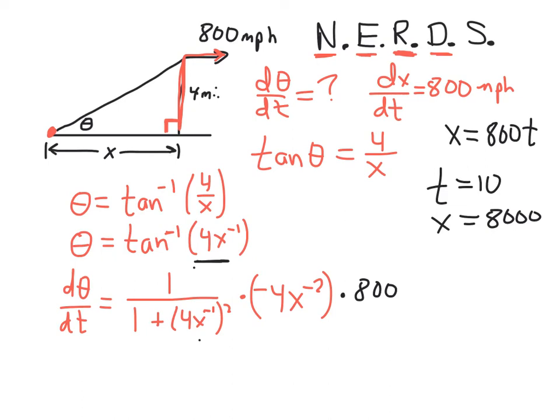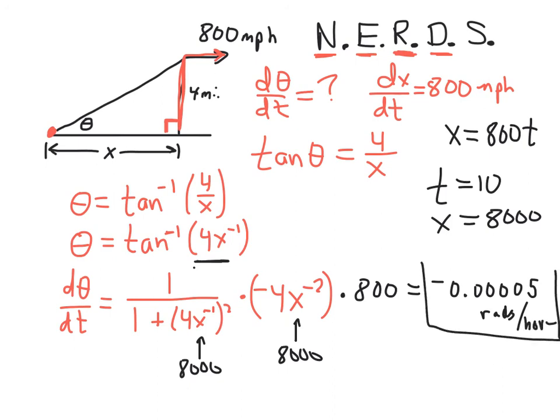So we're going to put in 8,000 for both of these values, and we plug that into our handy-dandy calculator, and we will get negative 0.00005. And the units there would be radians per hour.